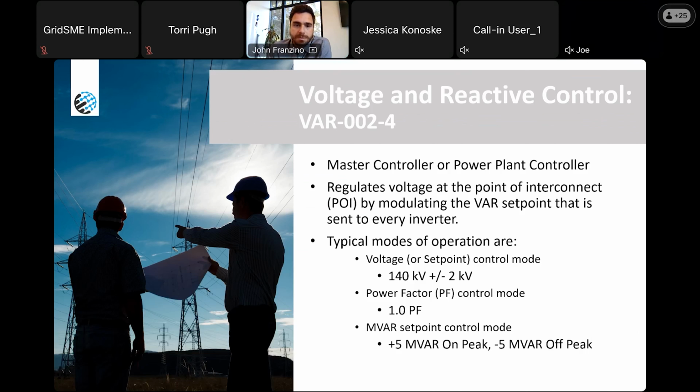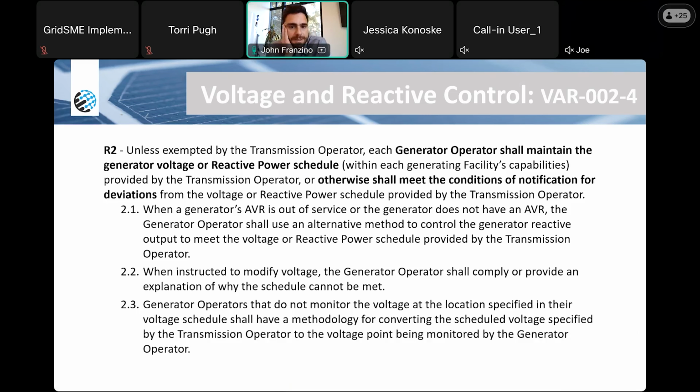We won't go into all these details, but one other aspect of R2, because it obviously plays into voltage schedules, is that you need to meet the voltage schedule and reactive power schedule provided by the TOP.